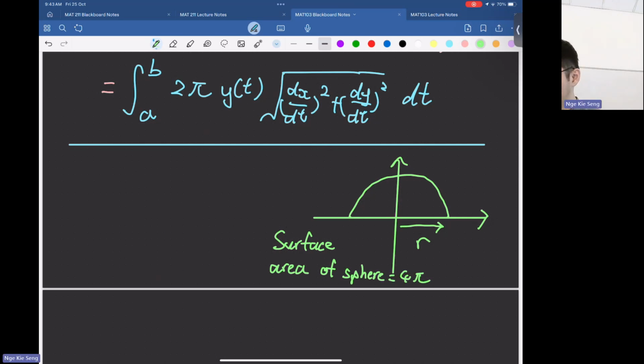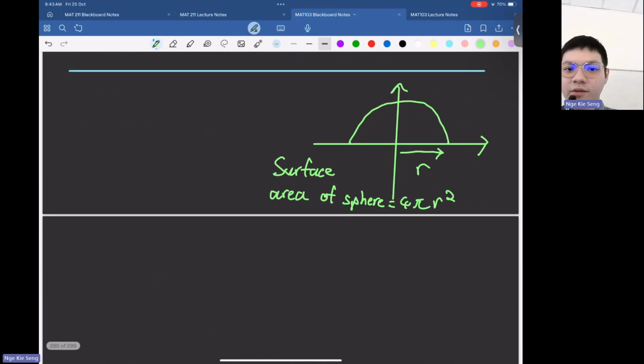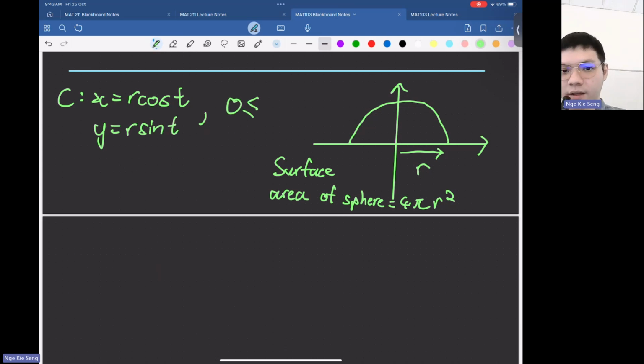Let's set up the integral first, and then I'll let you try to compute. Again, parameterize this curve. So this C is what? X equals R cos t and Y equals R sin t, going from 0 to pi again.